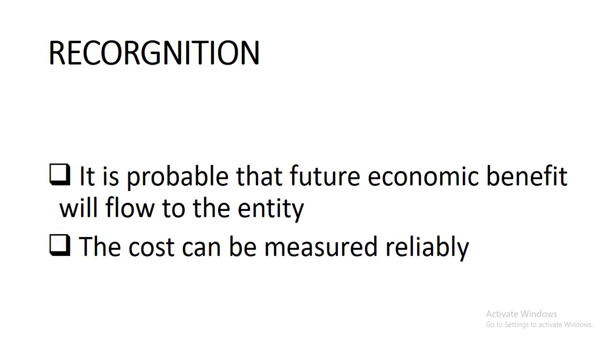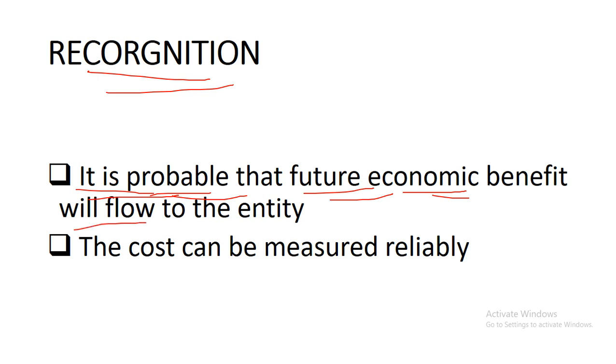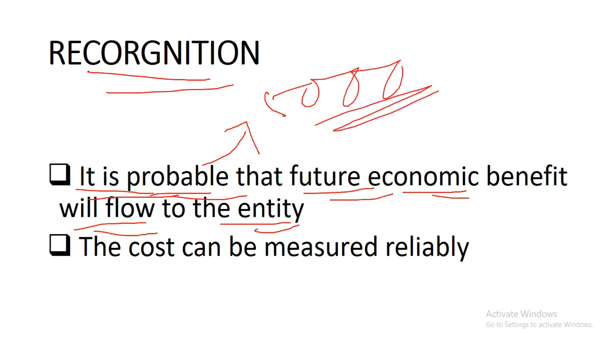So now, how do we recognize an asset? Once we buy an asset, how do we recognize it as a tangible non-current asset? Number one, it must be probable that future economic benefit associated with the asset will flow to the entity. So there must be a high probability that if we buy a vehicle for 5,000, it's going to result in an inflow.